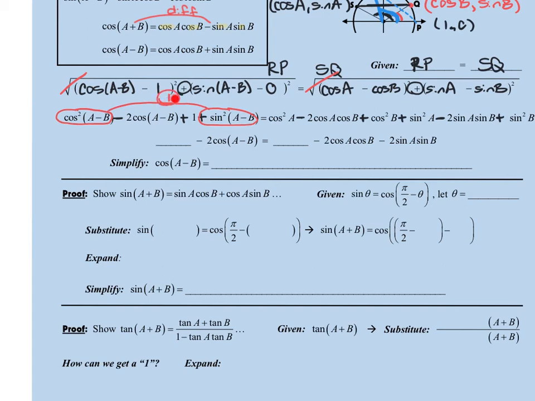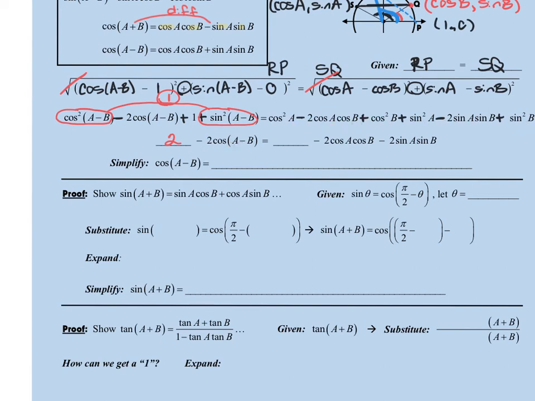So this 1 right here, together with this 1 right here, is going to give me a nice 2 right there. And then my minus 2 cosine A minus B is right here.